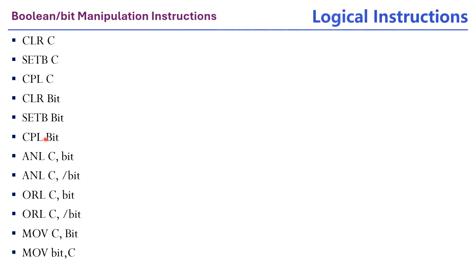Here CPL bit, ANL C, comma bit, ANL C, comma slash bit, ORL C, comma bit, ORL C, comma. This slash is just like a symbol. This one represents the bit complement of this one. Move C, comma bit, move bit, comma C. So we can use this bitwise also.